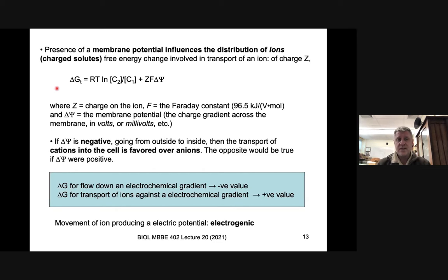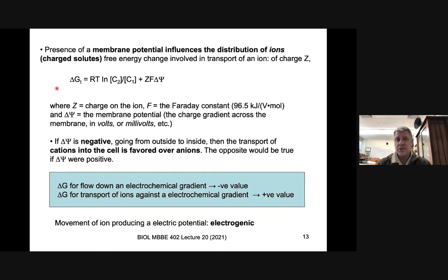So the presence of a membrane potential can be influenced by how many positive and negative charges are on either side of that membrane, and we talked about the battery cell in regards to positive and negative charges moving through a semi-permeable membrane. So free energy can change based on how the charge distribution plays a particular role.